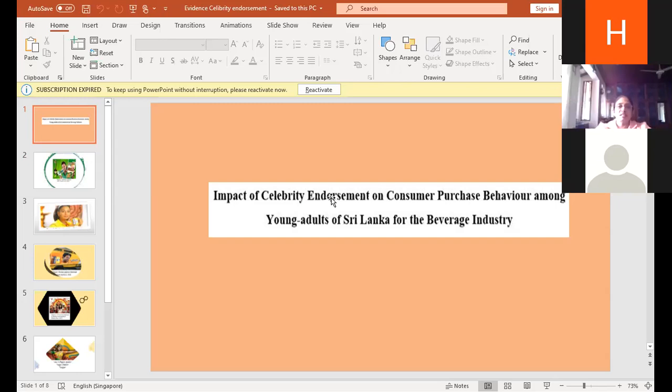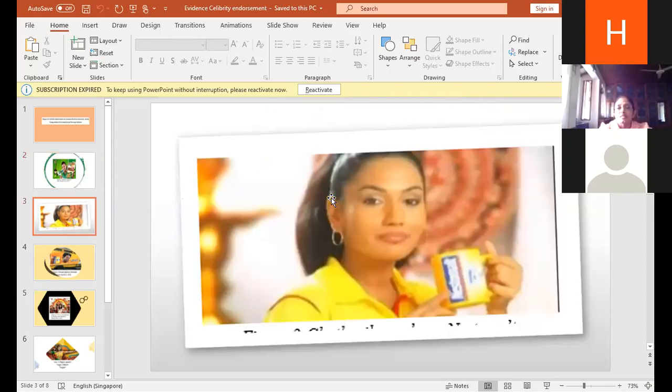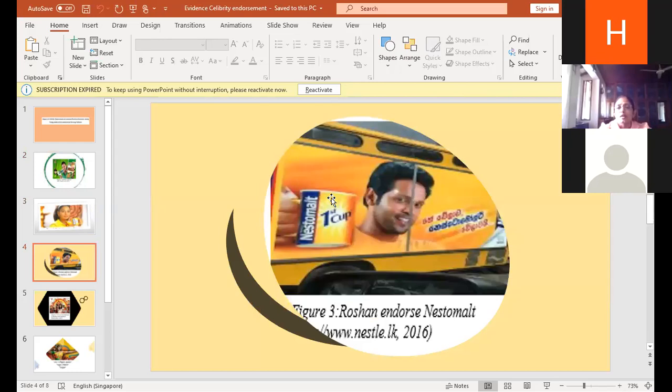We are looking at celebrity endorsement with respect to beverages. So what can you see as examples? This you can see how Angelo Matthew say endorses Milo. Then you find Chaturika. She was there, I think, in about 2013-14, and now you can see Roshan.